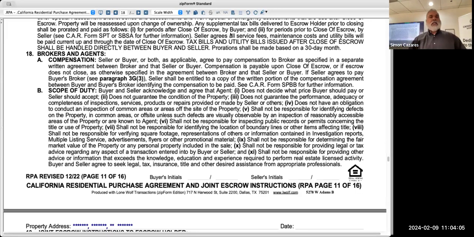All right, so let's go back to the scope of the compensation, okay? So again, the seller shall be entitled to a copy of the portion of the compensation. So now if you check that, now you're saying to the listing agent, hey, I do have a buyer representation agreement, and that buyer representation agreement now falls under the SPBB form, okay?